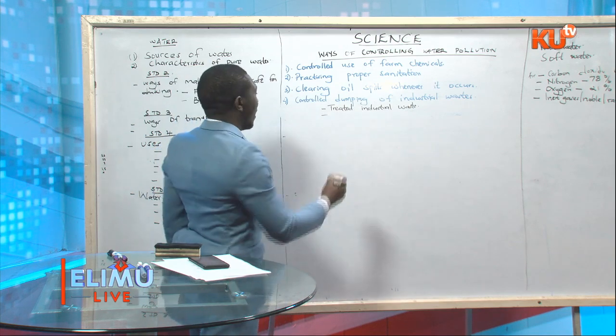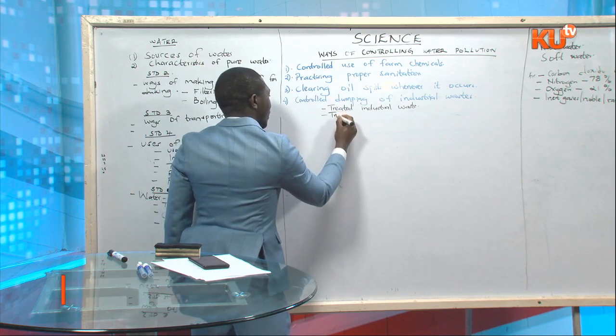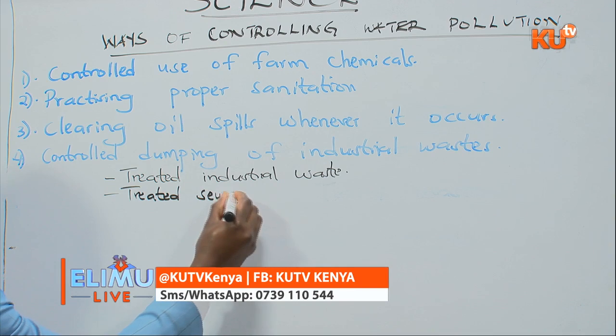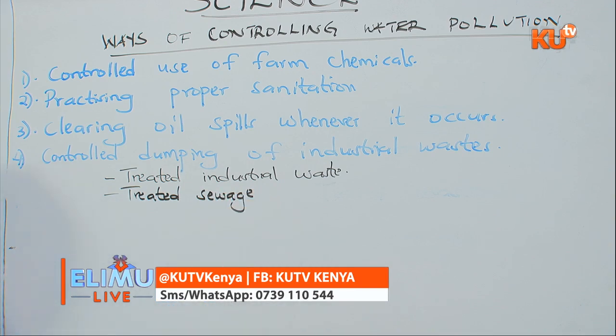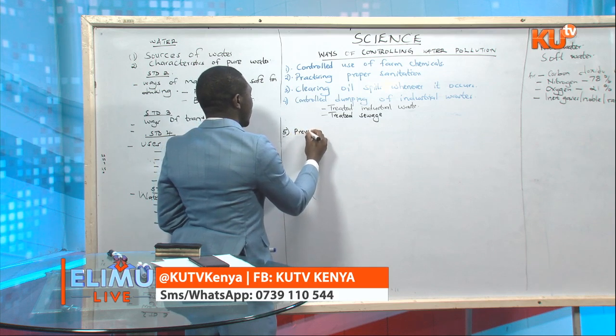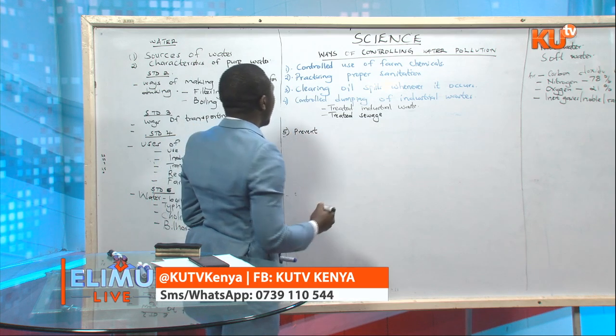The main one is treated industrial waste being done what? Released in water. Another one, treated sewage should be released there. When they release treated sewage, this one does not pollute water. Untreated or raw sewage is the one that does what? Pollutes it. And then the other thing, that one is normal, we prevent animals. And remember, human beings are animals.